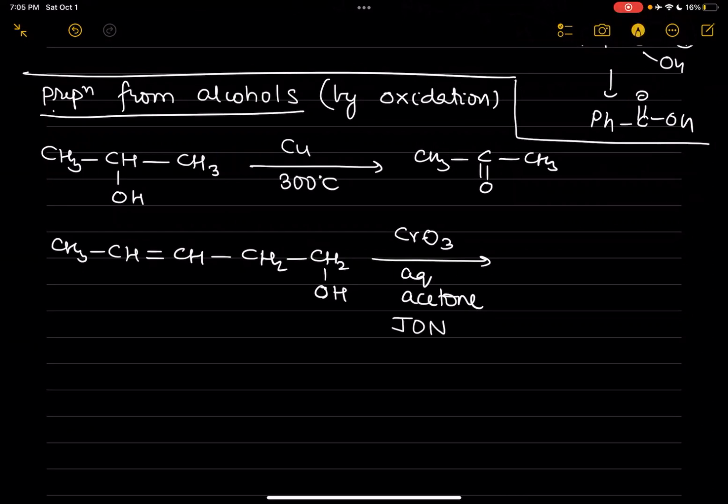The Jones reagent doesn't oxidize the double bond. It is CrO3 dissolved in dilute H2SO4 and acetone. So only the OH will get oxidized. Your double bond will remain intact. This is known as Jones reagent.